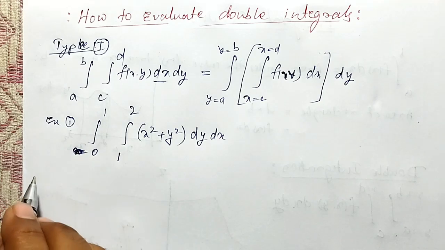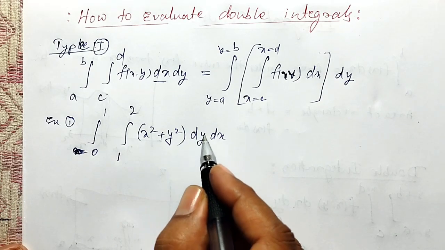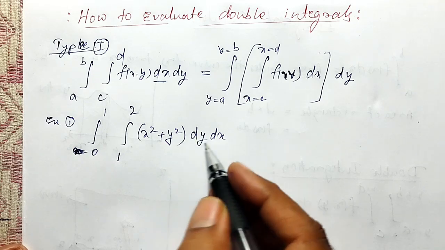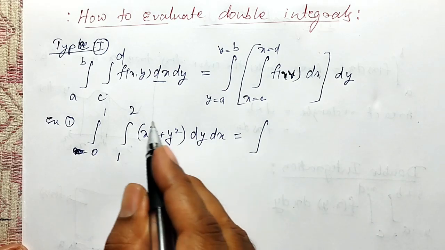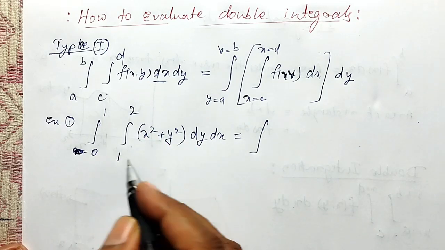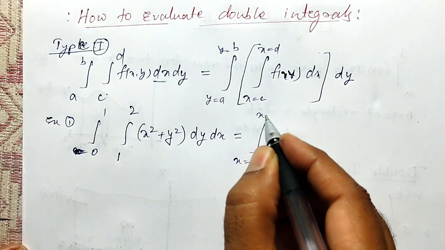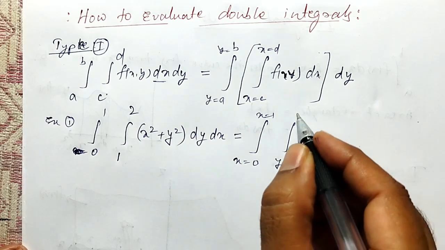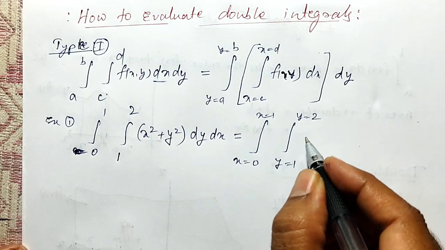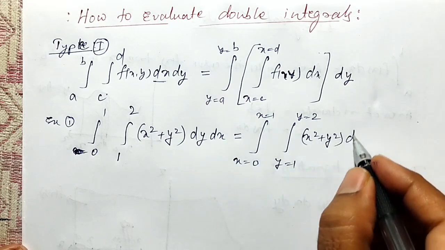Here in this case, first you have to integrate with respect to y only, because dy is inside integration. While rewriting this one, I will write the inside integration with respect to y. Therefore, outside integration will become x, x equal to 0 to x equal to 1, and this will become y equal to 1 to y equal to 2, and then x square plus y square into dy.